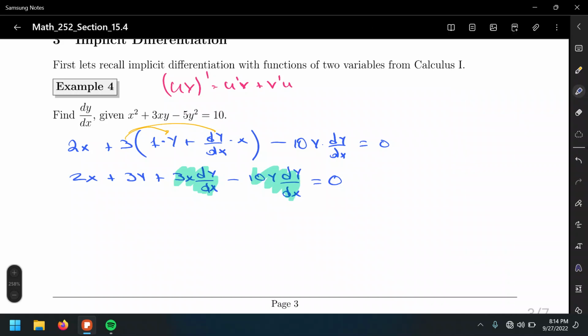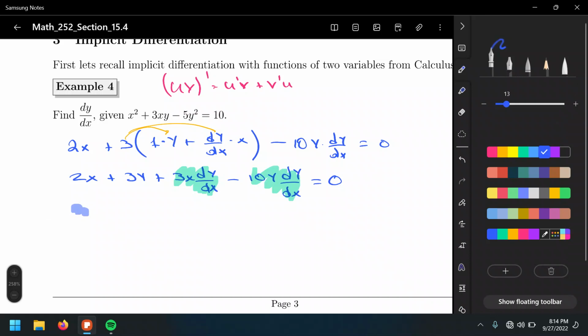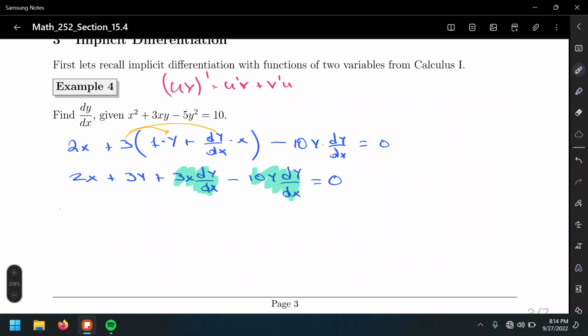So let's keep the derivative terms, 3x dy/dx minus 10y dy/dx equals negative 2x minus 3y.